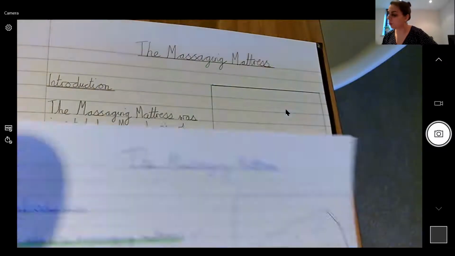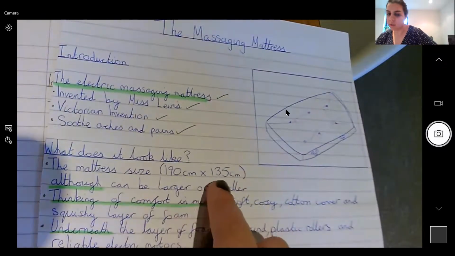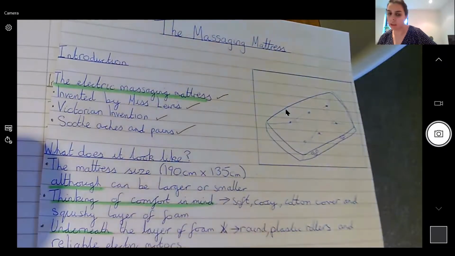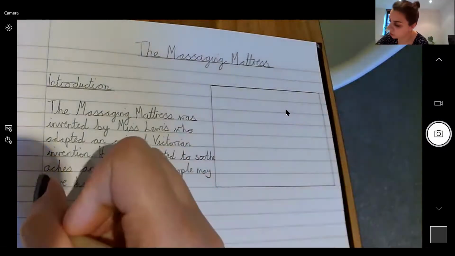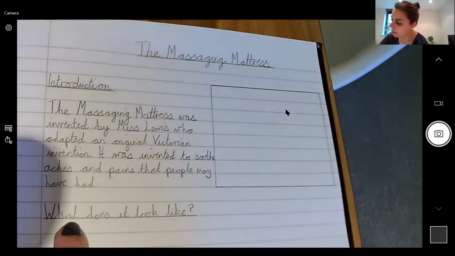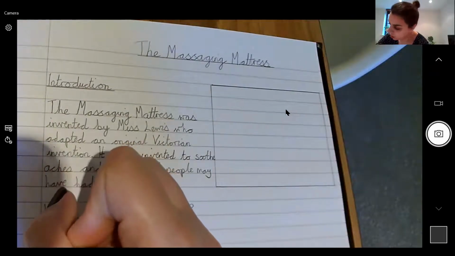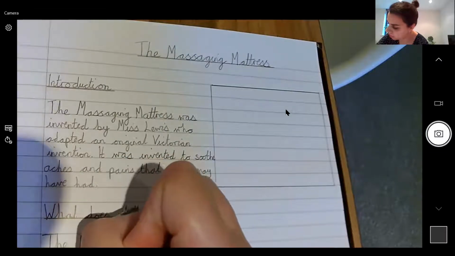Okay, let's have a look at my bullet points. The mattress size, 190 centimeters by 135 centimeters, although can be larger or smaller. So that's going to be my first sentence. I've got to turn that into a sentence that makes sense. I'm going to write, and then again, I'm going to leave a line and write it here. I'm going to do capital letters again for massaging mattress.